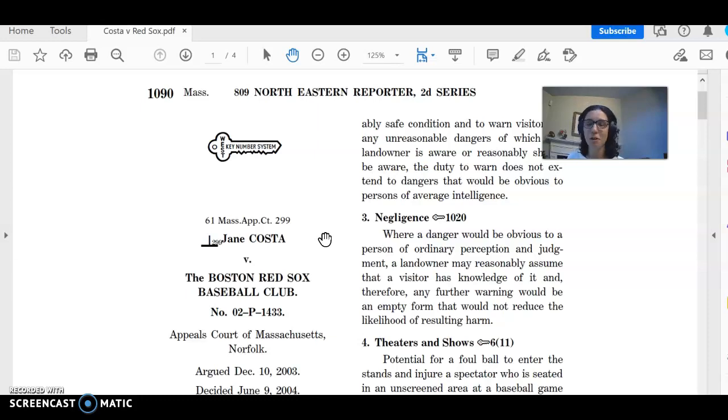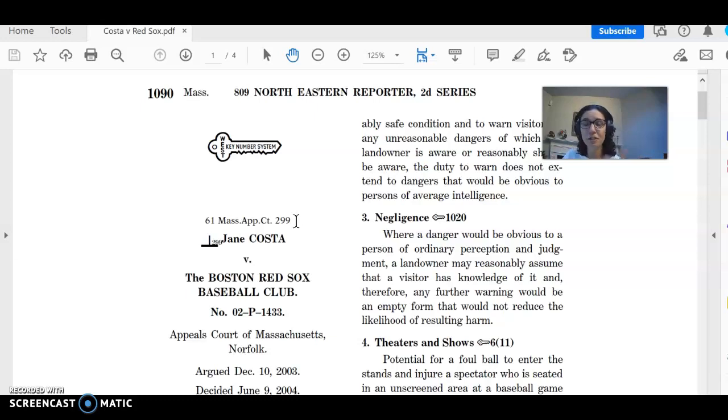But you can see the formatting of the citations that we talked about last class being the same, beginning with a volume number, volume 61 of the Massachusetts Appeals Court Reporter, volume 809 of the Northeastern Reporter. This one appears, you're looking at page 1090. In the Appeals Court Reporter, it appears on page 299. Same case, front to back.